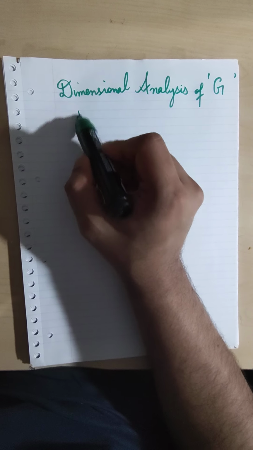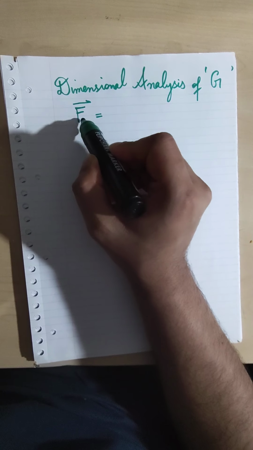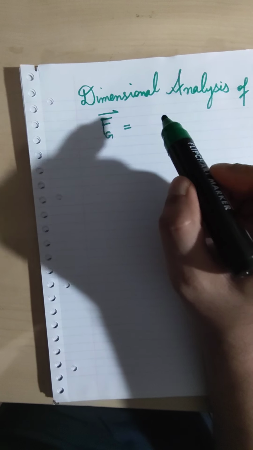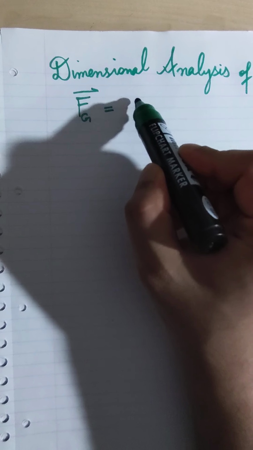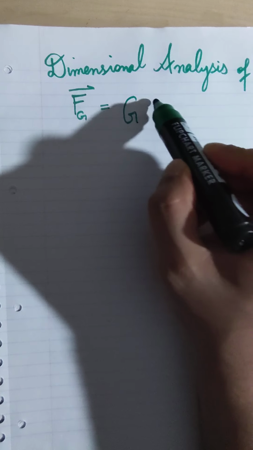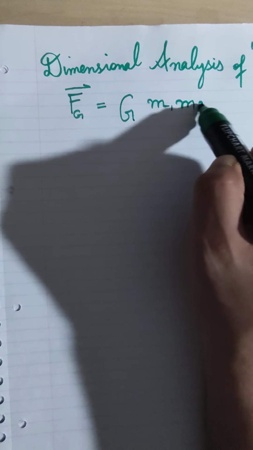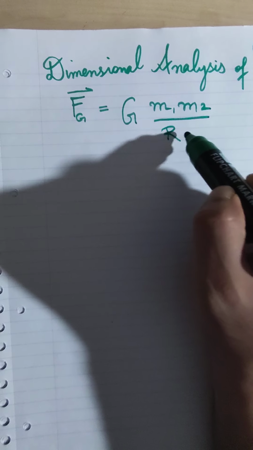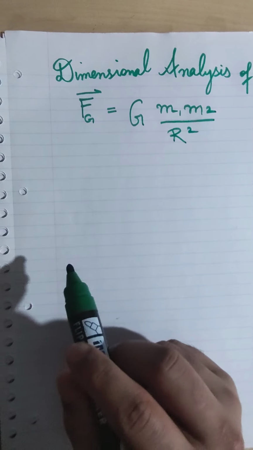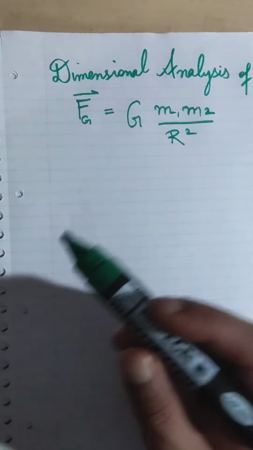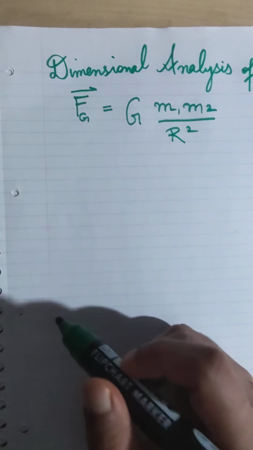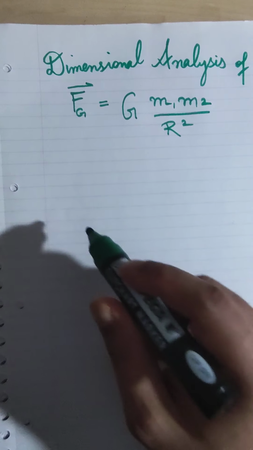So G, as we know, is part of this formula, force of gravitation: G m1 m2 over distance of separation squared. And we know that masses are in kg, radii are in meters, and forces are in newton.